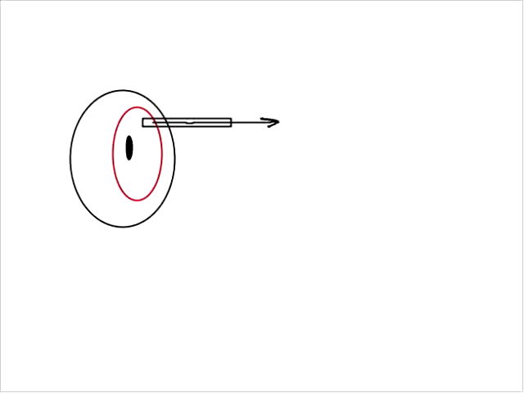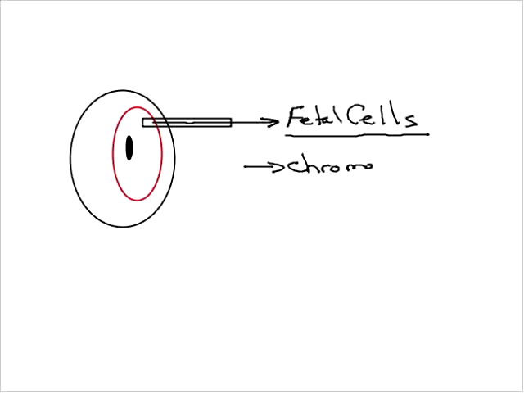This fluid will contain some fetal cells. These fetal cells can be analyzed for chromosomal abnormalities through a karyotype.